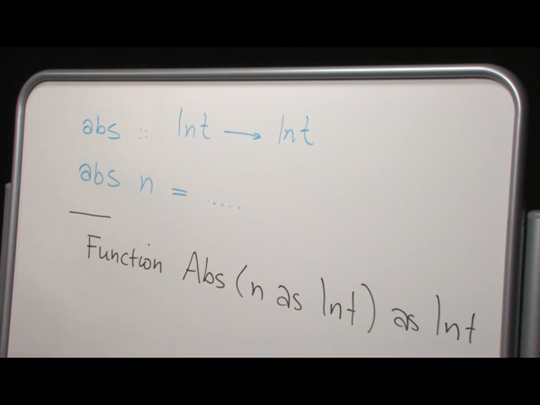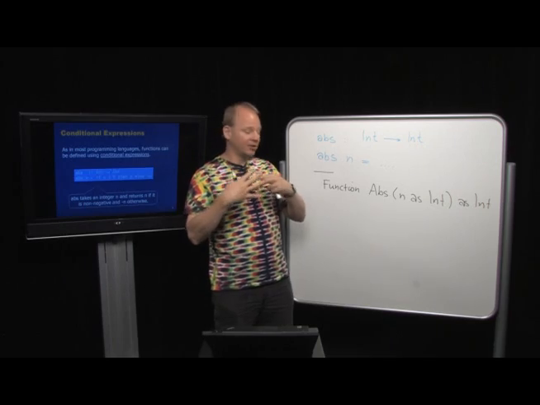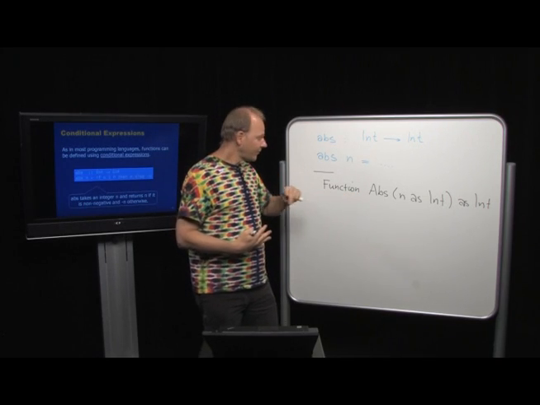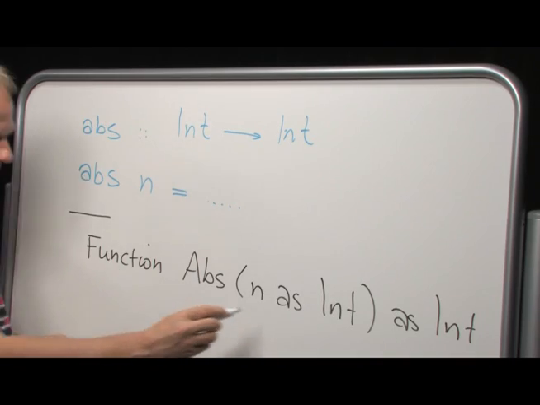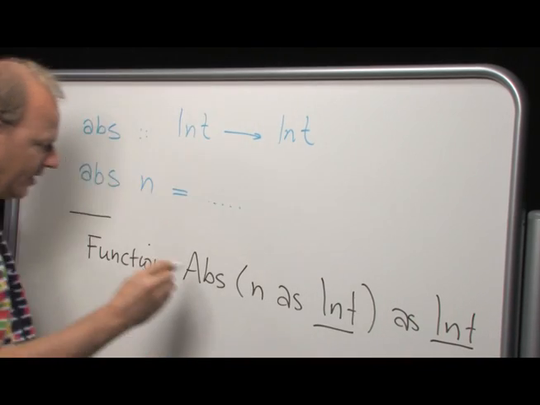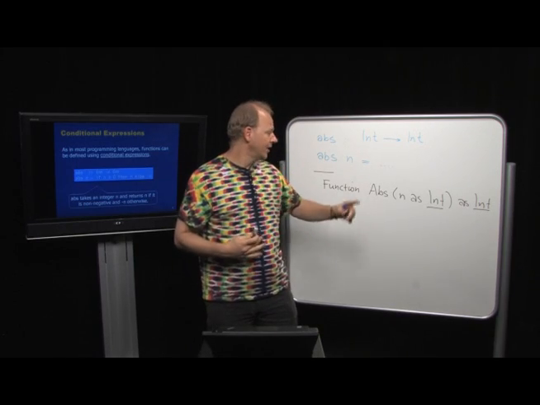So in VB or C#, you intermingle the function definition and the type definition. The type and the function are intermingled.